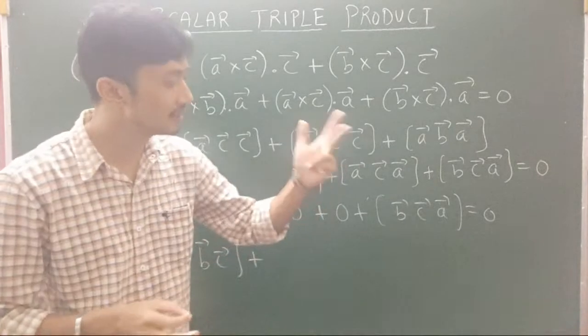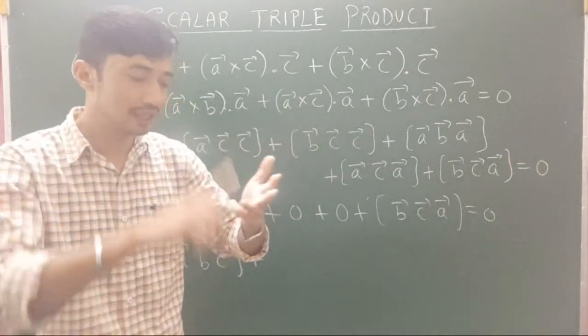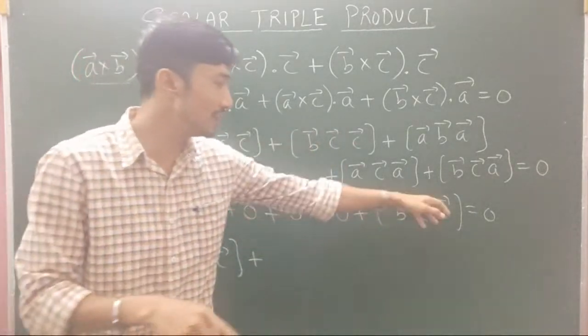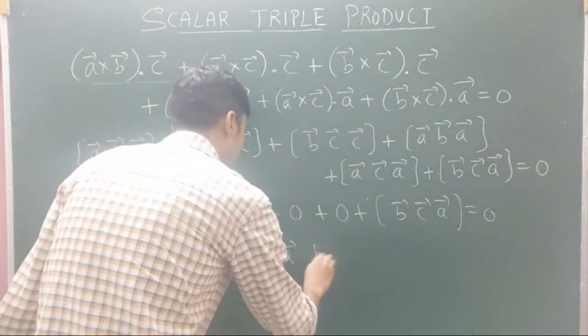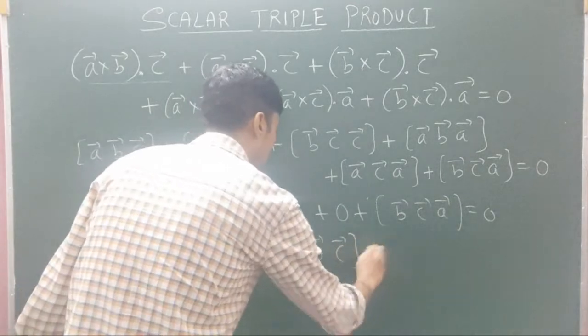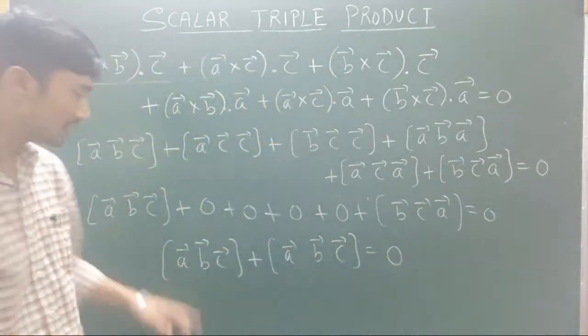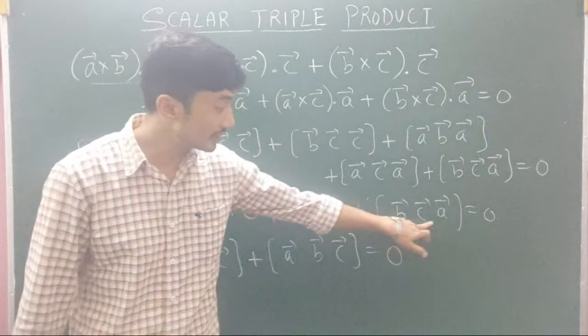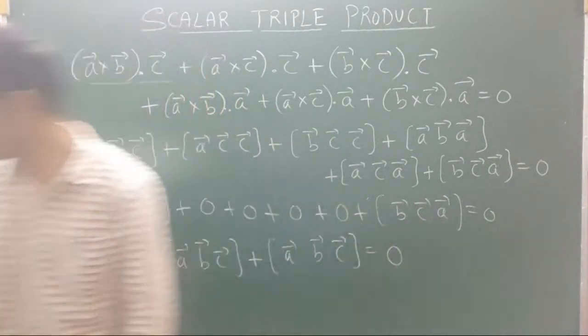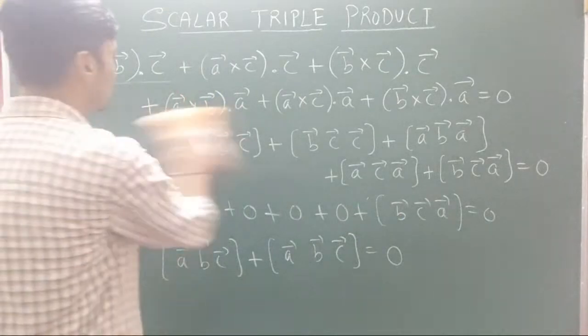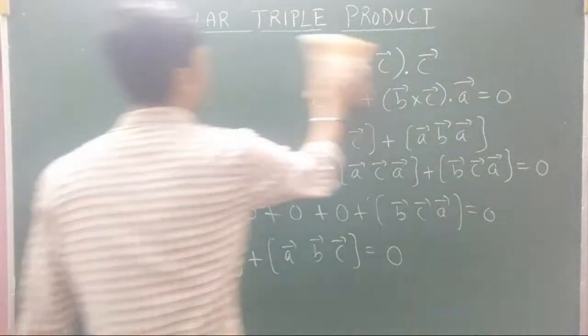So [A, B, C], [B, C, A], [C, A, B]. So [B, C, A] can also be written as [A, B, C]. No problem, isn't it? Equal to 0, because they are the same, because it is maintaining the cyclic order. Remember, I gave you the property. You can check that property.